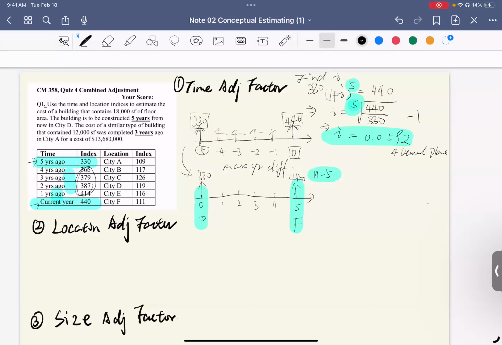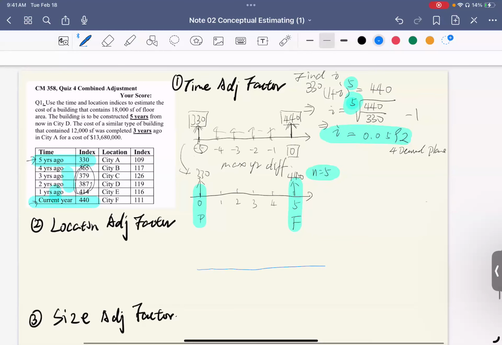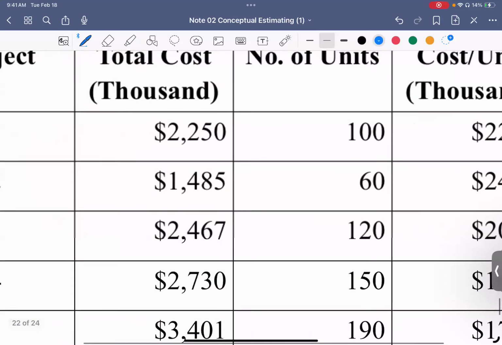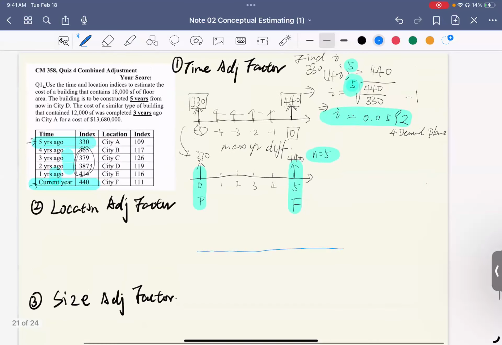All right. So once you get that one, you have the second one, reading from the primary question. You know the cost of a similar project, and that project is 3 years ago. So now you are using the 3 years ago.